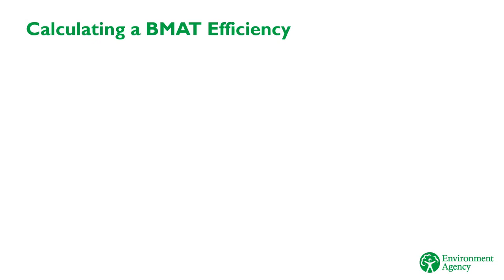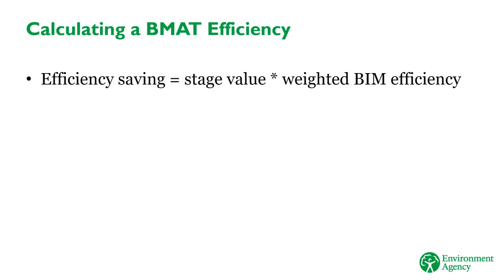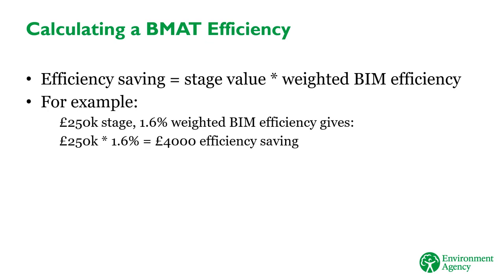To calculate the stage BIM saving, you multiply the total stage value, including all supplier costs, EA staff costs, compensation, etc., by the weighted BIM efficiency score. For example, if your stage cost was £250,000 and you had a weighted BIM efficiency score of 1.6%, then your saving is £250,000 times 1.6%, which gives a £4,000 saving.